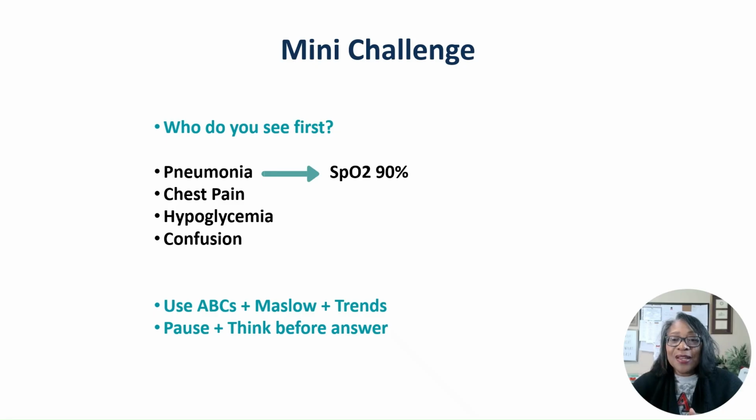You have a client with hypoglycemia, blood glucose 55 milligrams per deciliter. They're alert and shaky. And then you have a post-op hip replacement patient. They're confused, trying to pull out their IVs. Who would you see first?